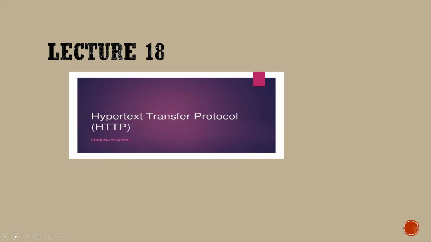Certain protocols, certain rules need to be followed whenever there is an exchange of data over the net. HTTP is the set of rules for transferring files such as text, graphics, images, sound, video, and other multimedia files on the World Wide Web.